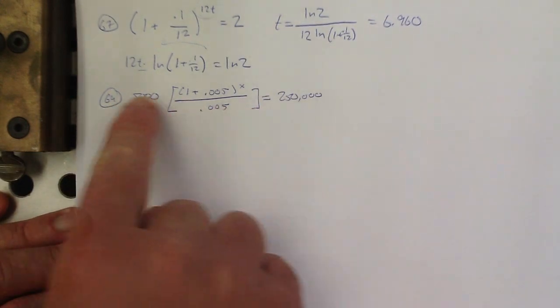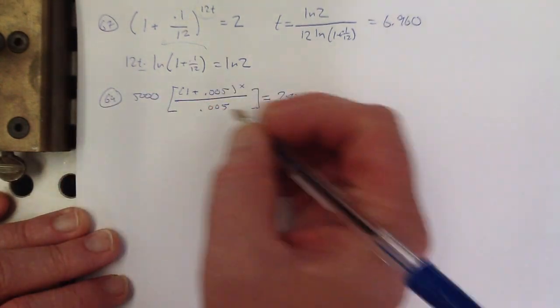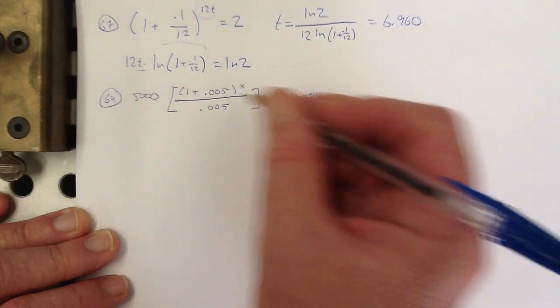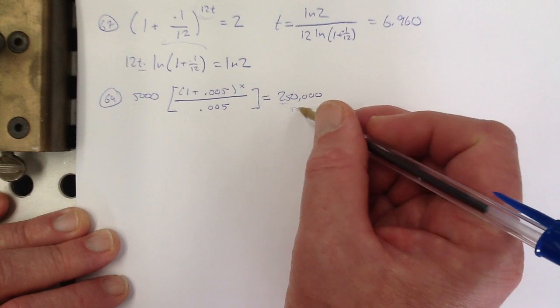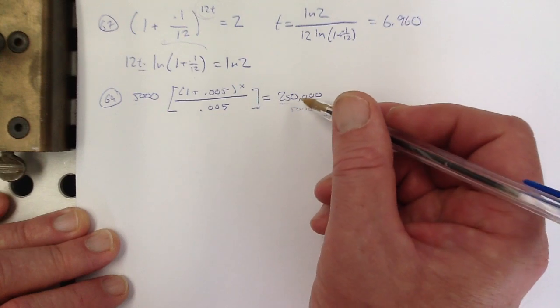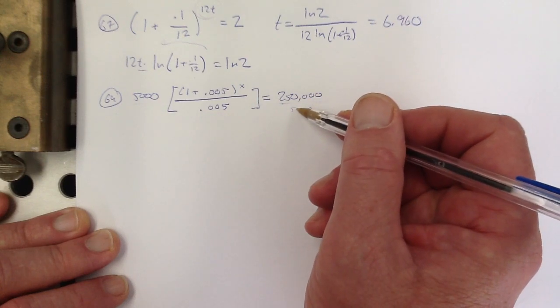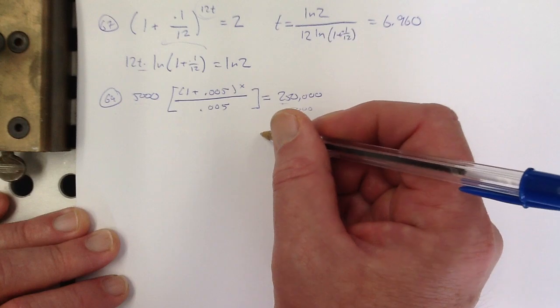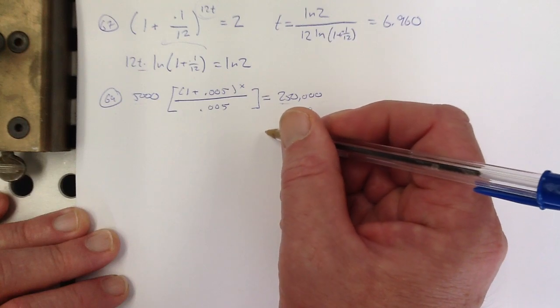I'll go ahead and divide by 5,000 first. So dividing 250,000 by 5,000 is going to give me what? 50? I think.